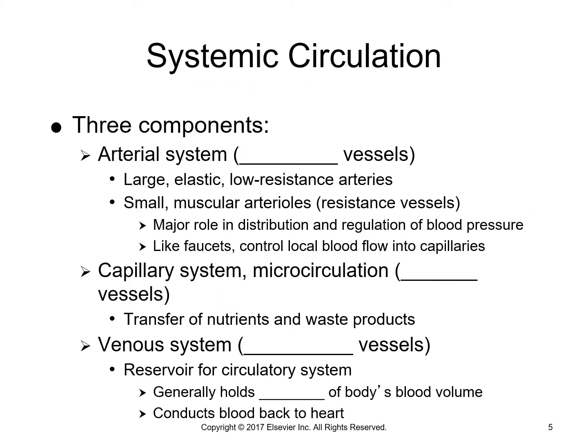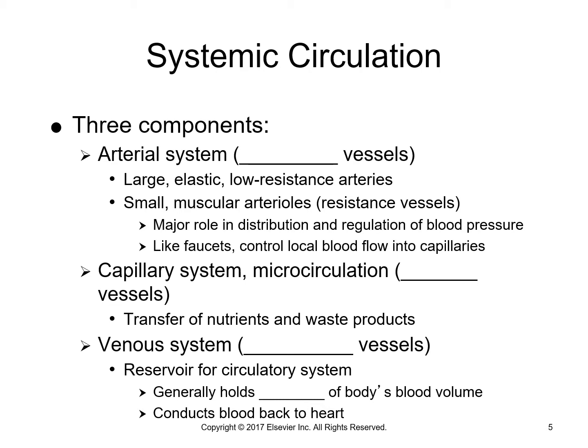Alright, so we're going to be talking about systemic circulation here for a little bit. There's three different parts of the systemic circulation: the arterial system, the capillary system, and the venous system. When we talk about the arterial system, this is also referred to as the conductance vessels.